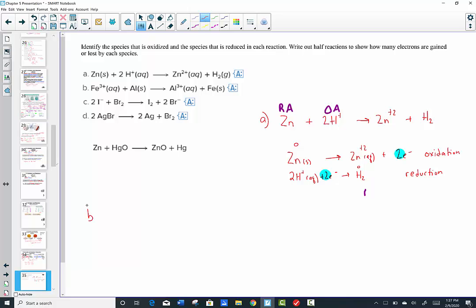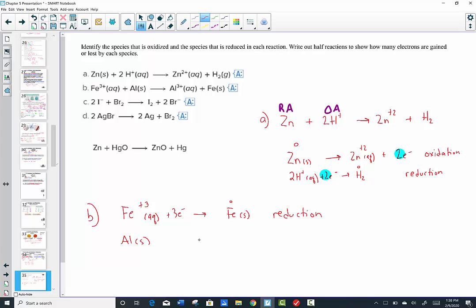Let's try letter B. I'm going to start just by breaking them up into 2 half reactions. Iron started as an aqueous ion of a plus 3 charge, and on the opposite side I can see it became a solid iron. No charge at all. So to do that, it had to gain 3 electrons. That's a reduction half reaction. The other element is aluminum.